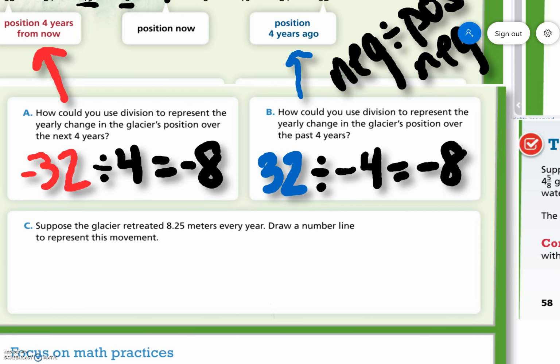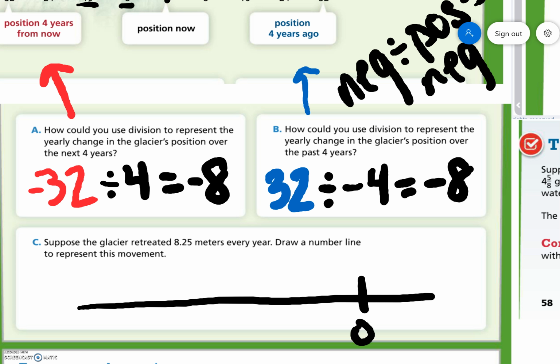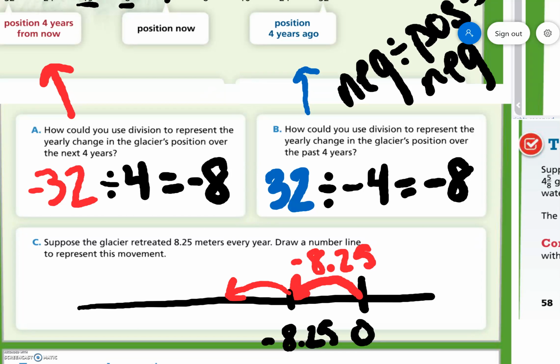So let's do our number line. Suppose the glacier retreated 8.25 meters every year. Draw a number line to represent this movement. So we've got our line. Here's 0. 1 year passes. We go back 8.25. So that means we are at negative 8.25. Then we go back 8.25 again.